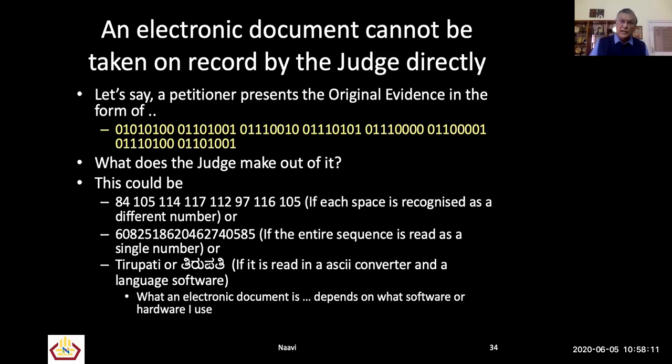Now, technically speaking, you can say the original electronic document is a stream of binary impressions created for the first time when an electronic device captures an incident. For example, if you take a digital camera, if you click the camera, some impressions of zeros and ones are recorded in that memory card.